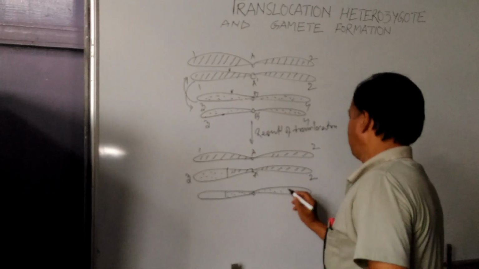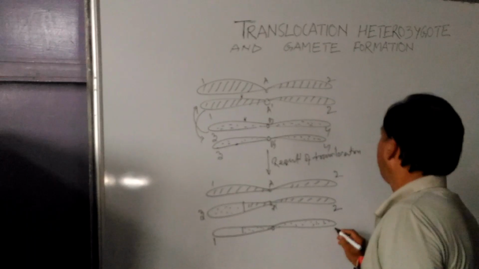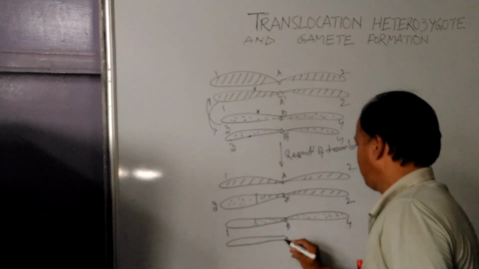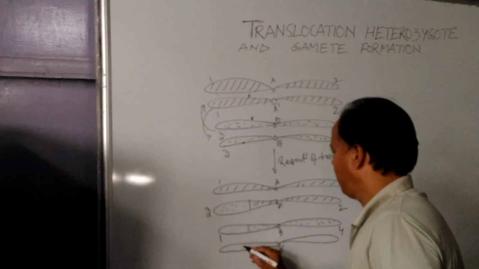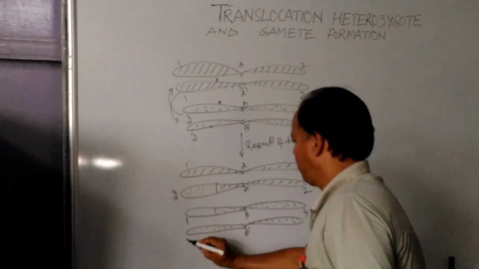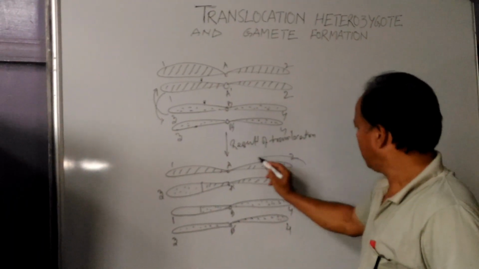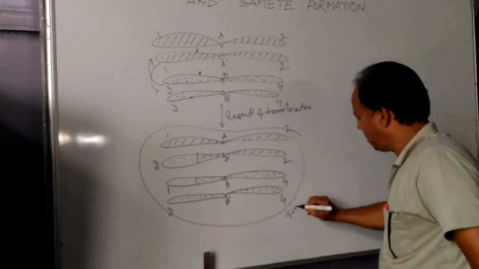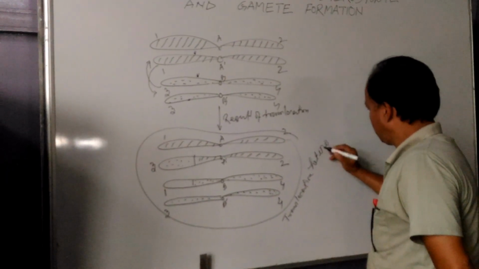These translocation heterozygotes are formed in prophase 1 of meiosis 1, and they form a plus-like structure in pachytene configuration. So, these chromosomes are involved in the formation of translocation heterozygote.